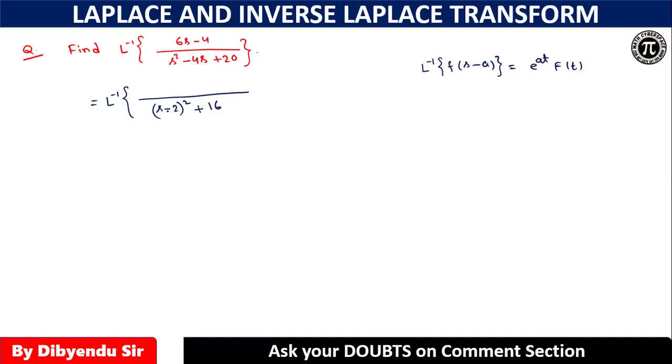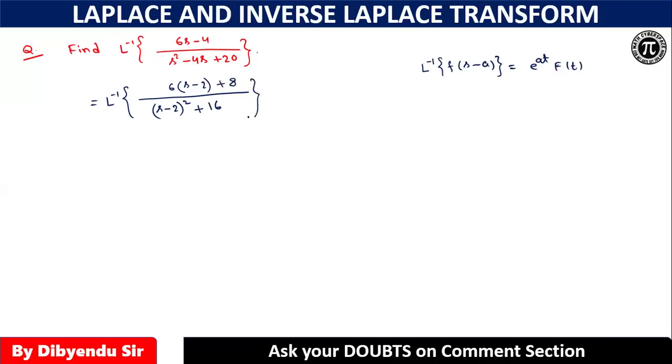Similarly, our target is you have to write s minus 2 in the numerator. So if I take 6 common, 6 into s minus 2, that means this is minus 12. But in the question, this is given minus 4. So we have to add plus 8.